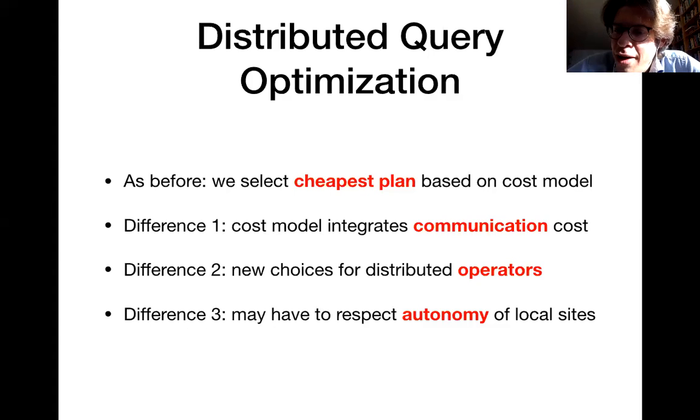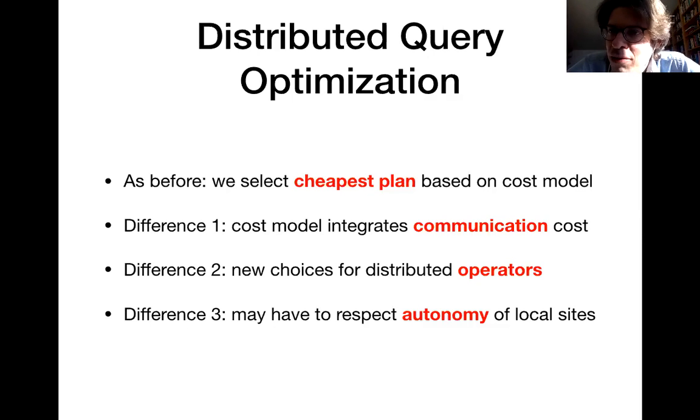Also, we have new choices about operators in a distributed setting. Here, for instance, we have seen a couple of join algorithms that are specialized for a distributed scenario. And then finally, we have not seen that here, but I have quickly mentioned that one of the motivations for distributed systems is that different sites might not want to completely share their data and retain some kind of autonomy.